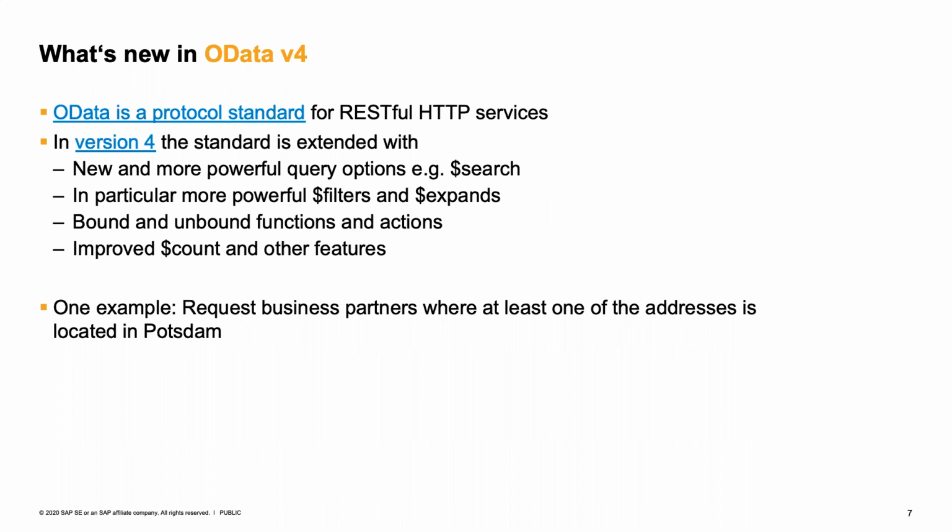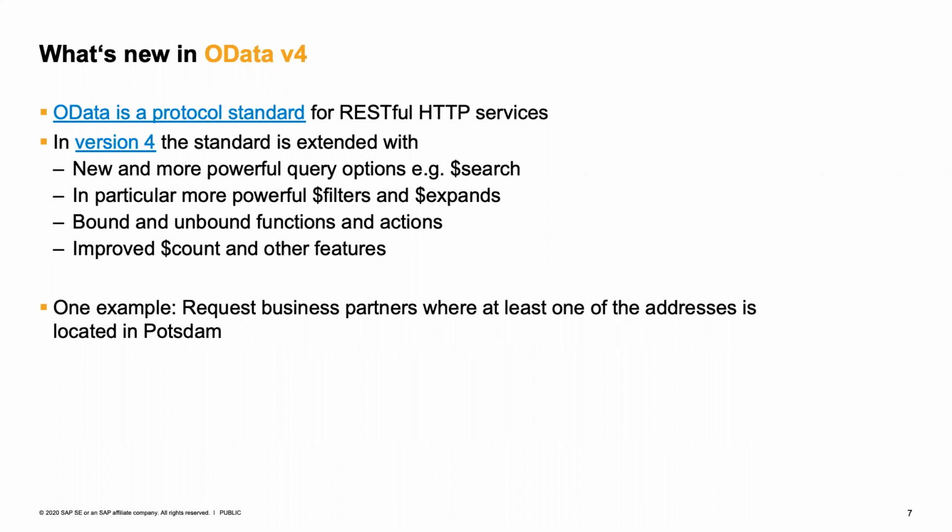And I've outlined a few of them here. So first and foremost, there are new and more powerful query options. For instance, $search was introduced, but also existing query functions became more powerful, have more features that they cover, especially the filtering that is possible.